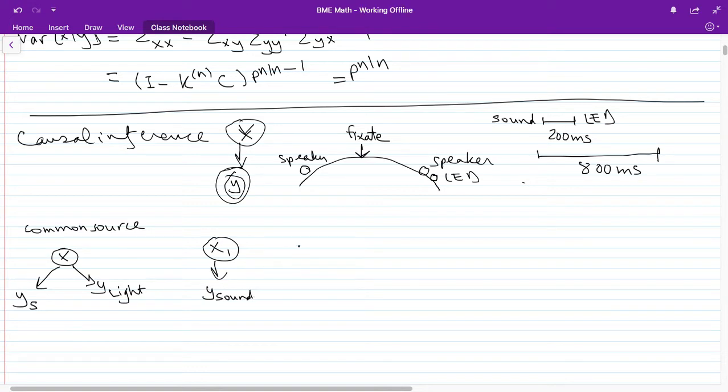Separate things. And so if you believe that there was a common source, the light and the sound, then the place where you heard the sound is going to be influenced by the place that you saw the light. But if you believe these two things are separate from each other, then you're not going to combine the two.